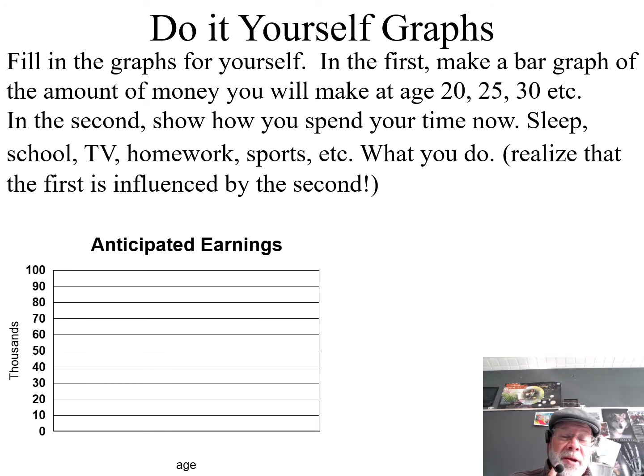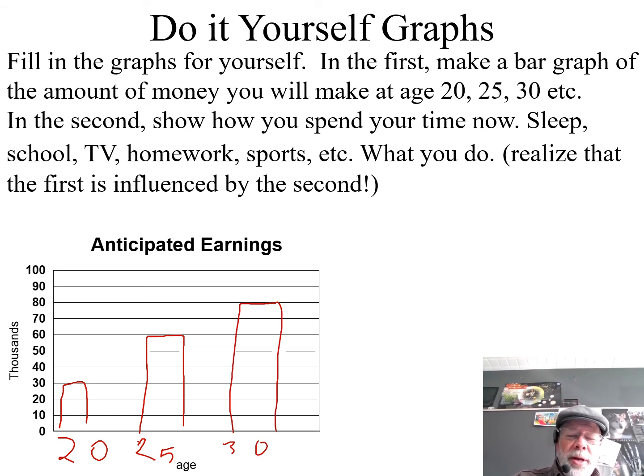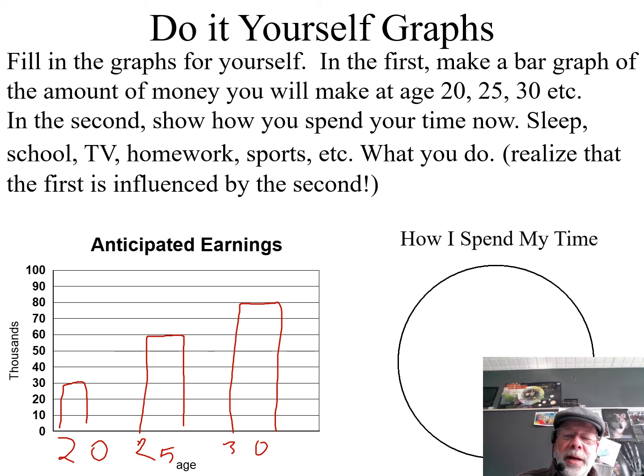So the anticipated earnings, let's see. At age 20, I bet maybe I'll make $30,000 a year. At age 25, maybe I'm going to be making $60,000 a year. What a raise. At age 30, I want to be making $80,000 a year. How about that? And how I spend my time.